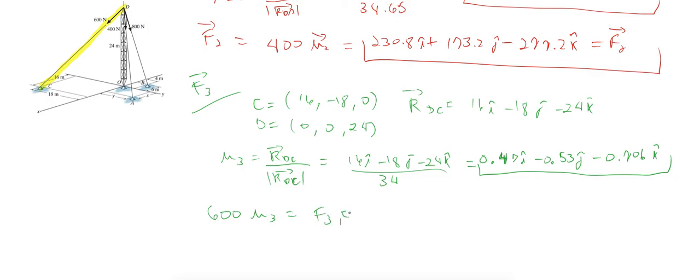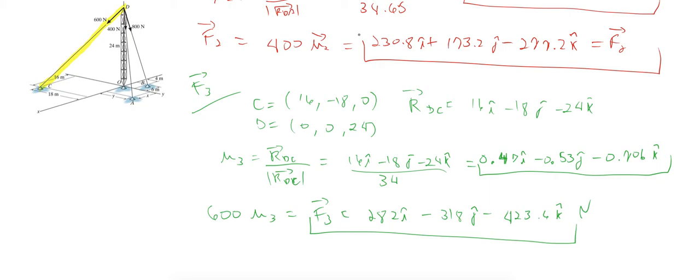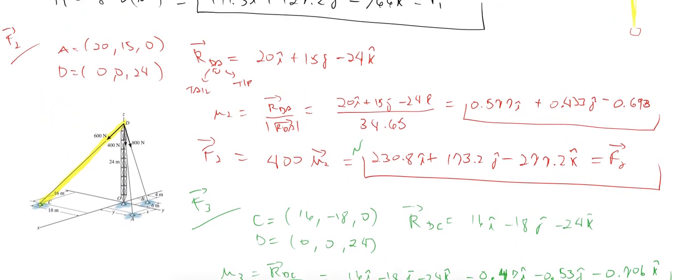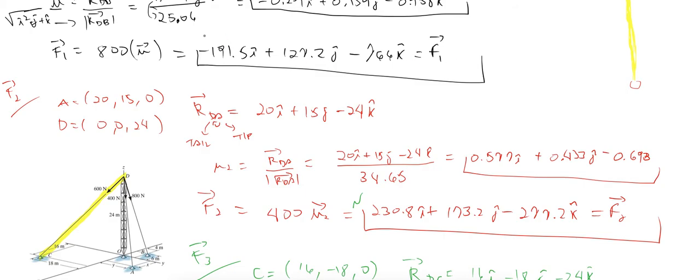So it's 600 times 0.47, which gives us 282 in the I. Minus 0.53 times 600, 318 in the J. Minus 600 times 0.706, minus 423.6 in the K. By the way, I just remembered, I should have put newtons everywhere here. These are all in newtons. Really bad. Don't do what I did, okay?